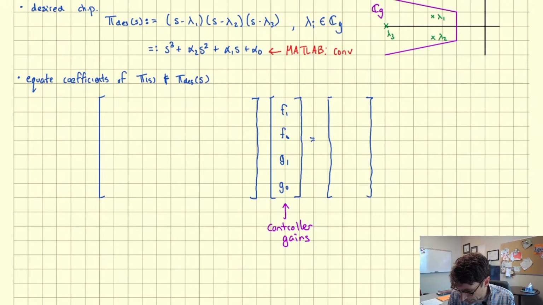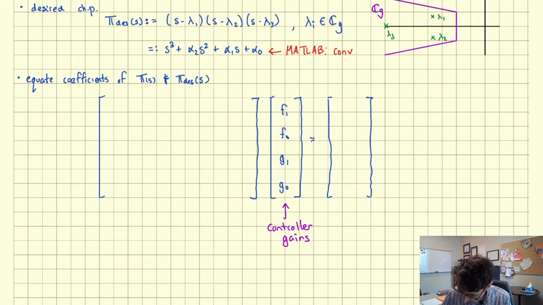Okay, those are the controller gains. The right-hand side of the equation depends on the desired pole locations. So the coefficients of this polynomial will show up here.